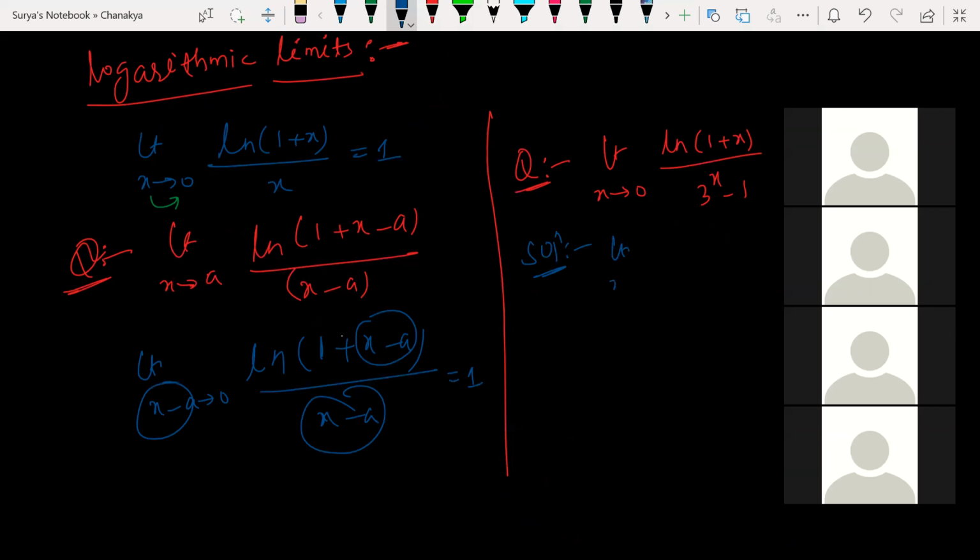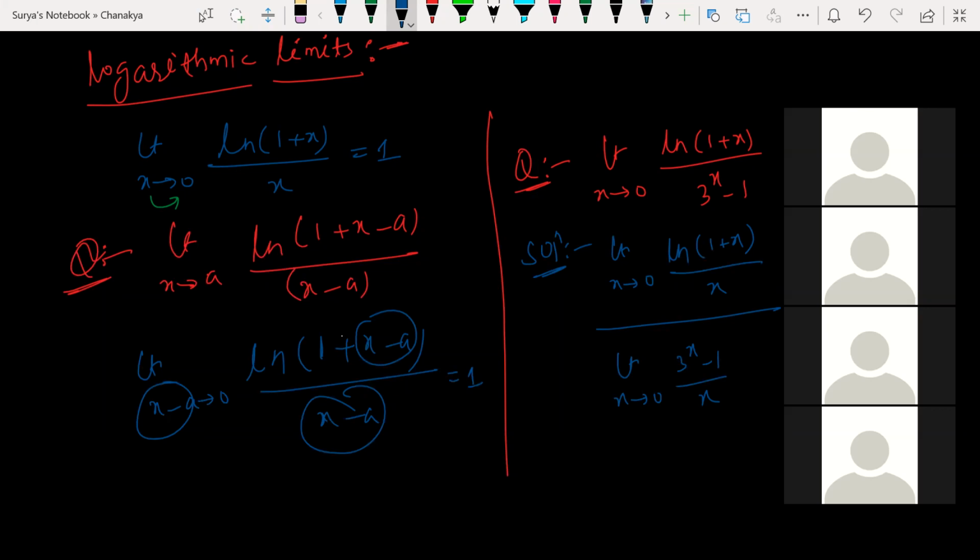Just multiply and divide with x. If I divide, what do I get?